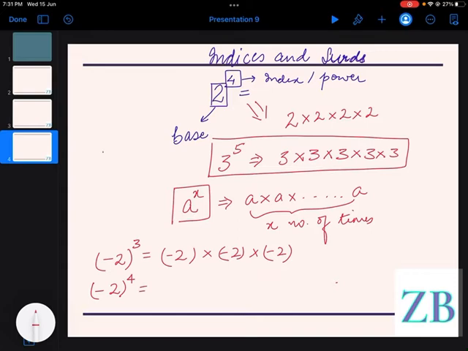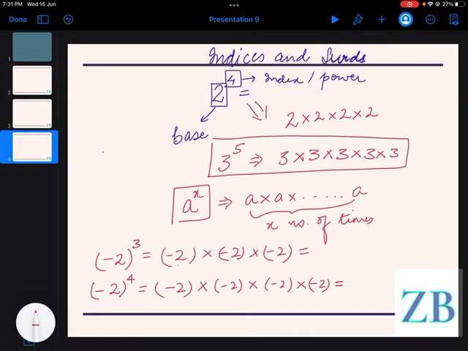And if I talk about negative 2 to the power of 4, that will be negative 2 times negative 2 times negative 2 times negative 2. Now you all can comment in the comment box what exactly can be the answer of this particular expansion.